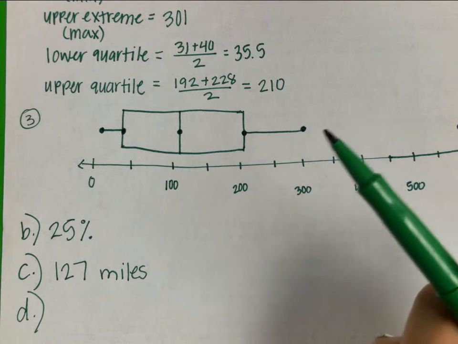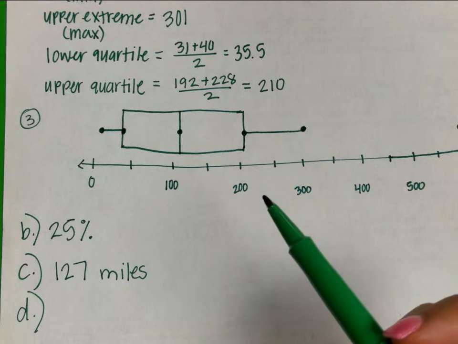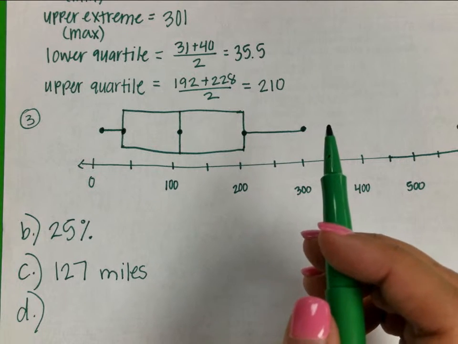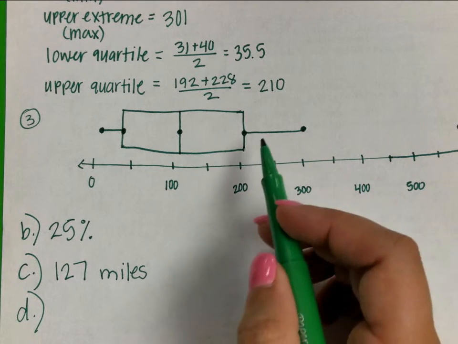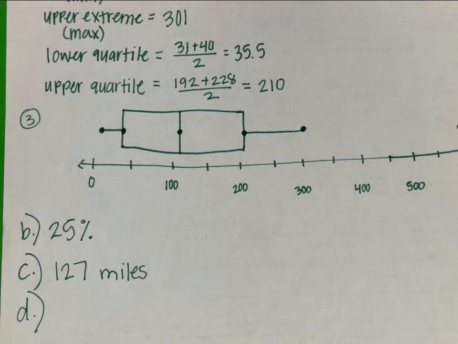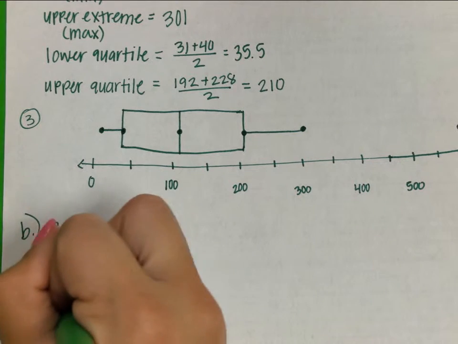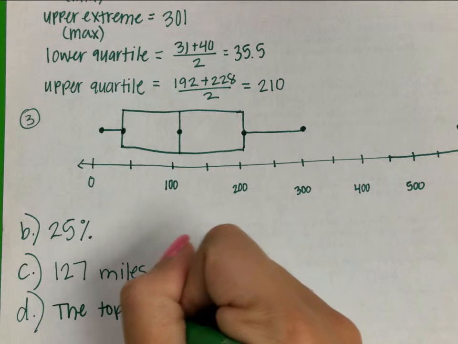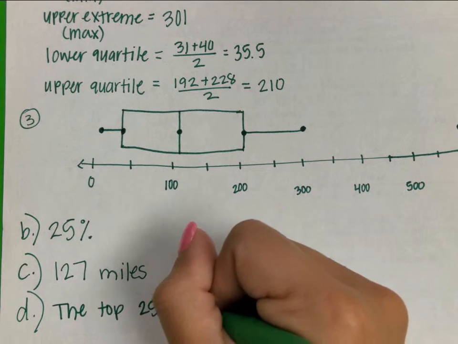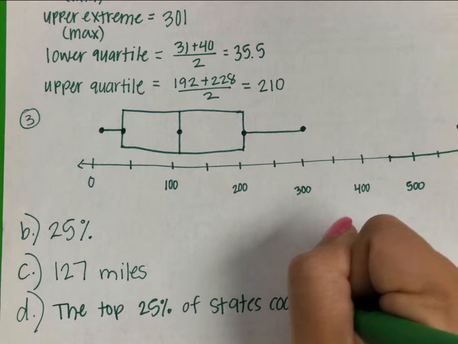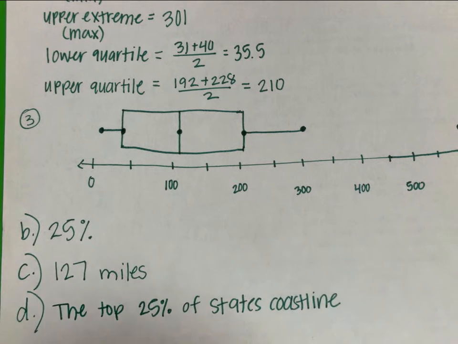So, what can you say about that? What do you think? Ishan? Upper quartile is more spread out than the lower. Yeah, exactly. The upper quartile, the coastline is varying a lot. So it's more spread out. And then down here, it's closer together, okay? So we're going to say the top, what percent would that be? 25%. The top 25% of the state's coastline I'm going to say varies greatly.